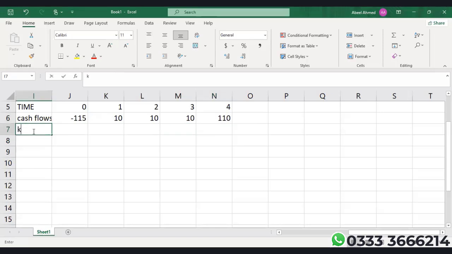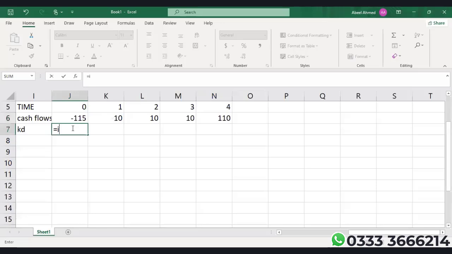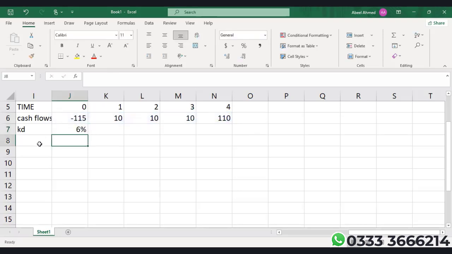Now KD is equal to IRR. Just take all the values. Bracket close. This is KD. We actually need KD (1 minus T). I'm assuming that tax rate is 30%. Just an assumption, okay?